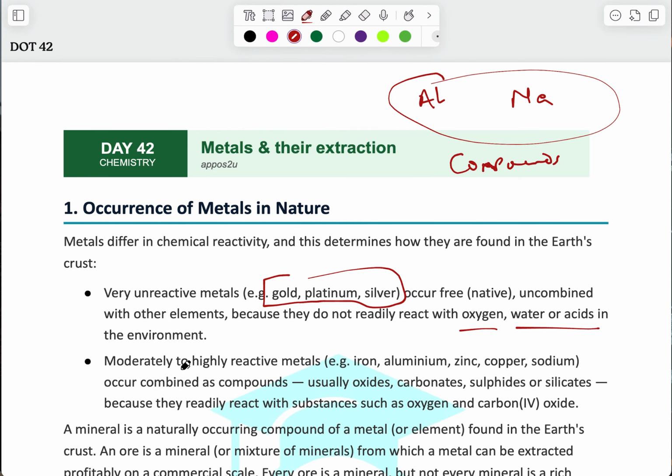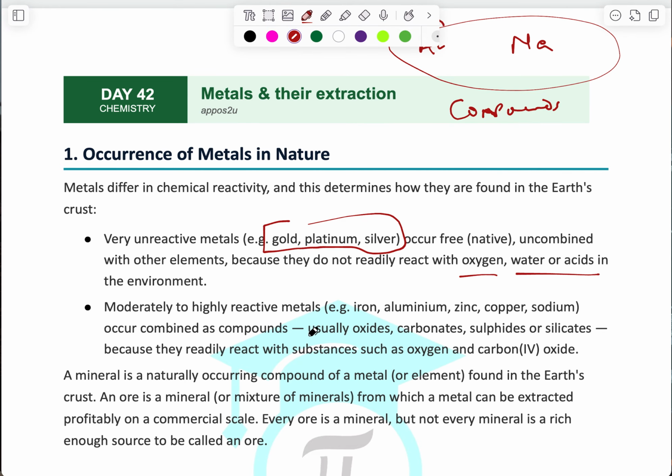But for the ones that are reactive, from moderate to highly reactive, like iron, aluminium, zinc, copper, and sodium, I've talked about this already, they always occur as compounds. Either they occur as oxides, like aluminium oxide, or as carbonates, like sodium carbonate, or as sulfides, or as silicates.